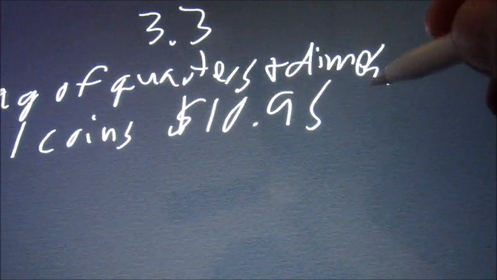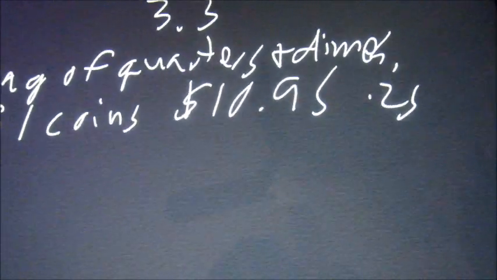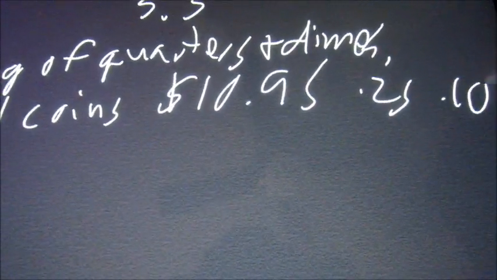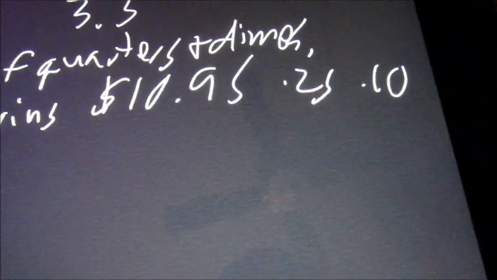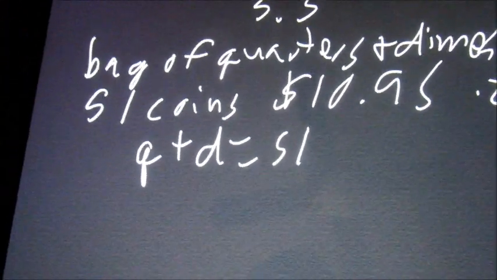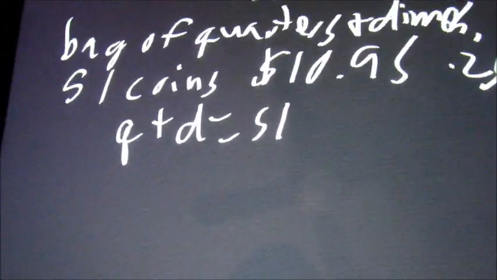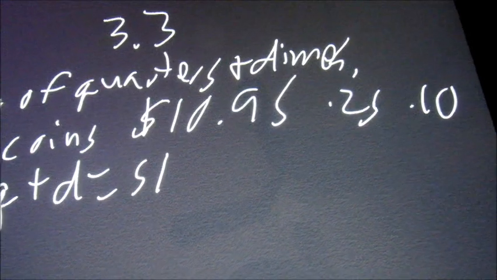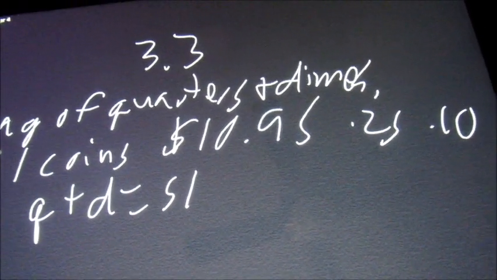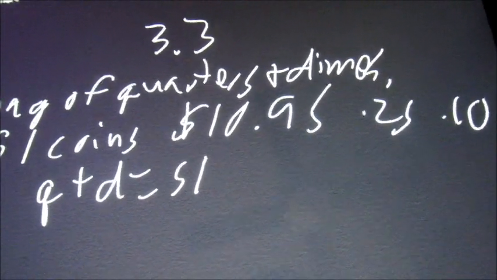Now remember that a quarter is 25 cents and a dime is 10 cents. And we're going to use that. First of all, we know that quarters plus dimes equals 51 because we have 51 coins.